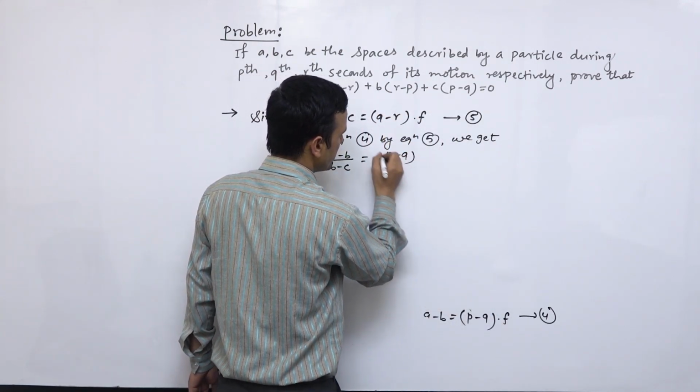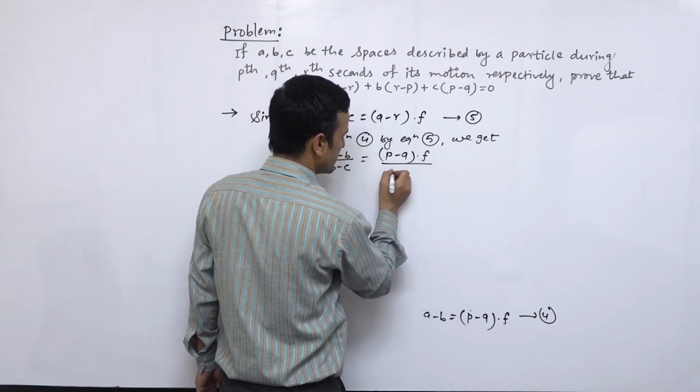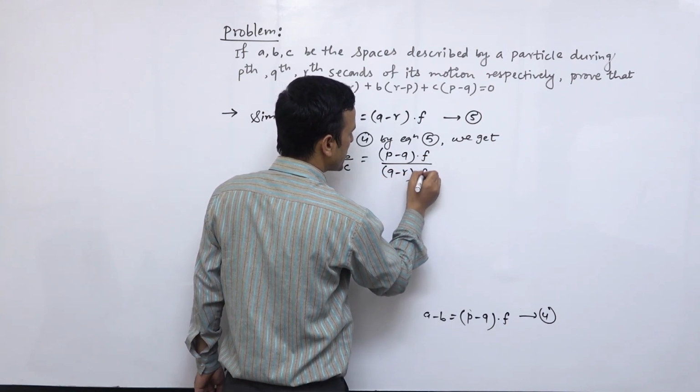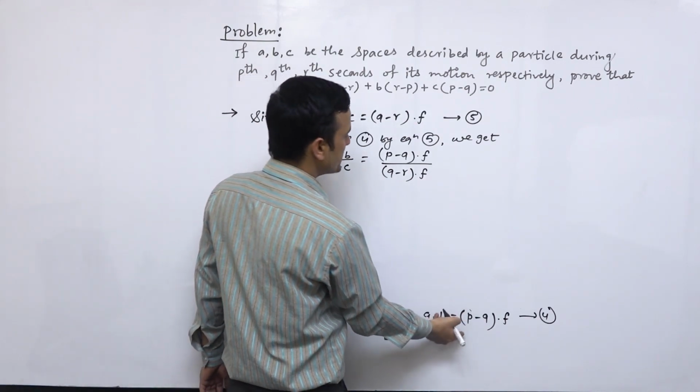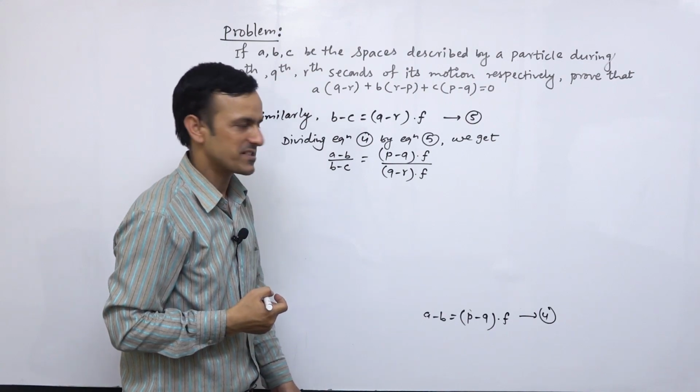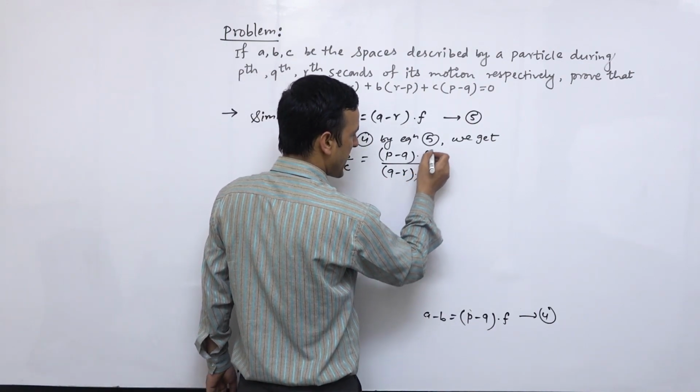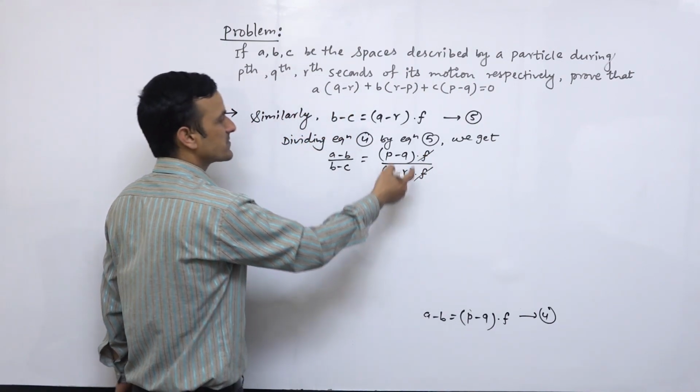So we have p minus q times f divided by q minus r times f. So this is the result after division of these two equations. Now we can cancel this f and f, and cross multiply.